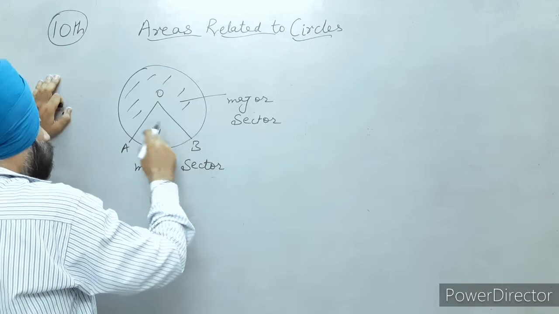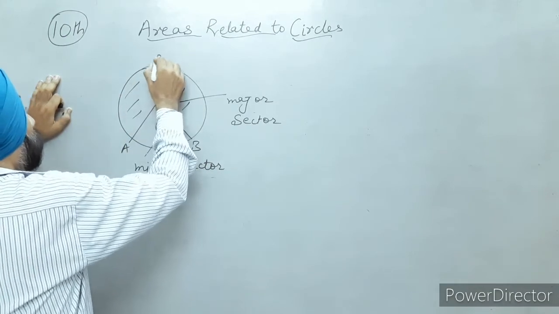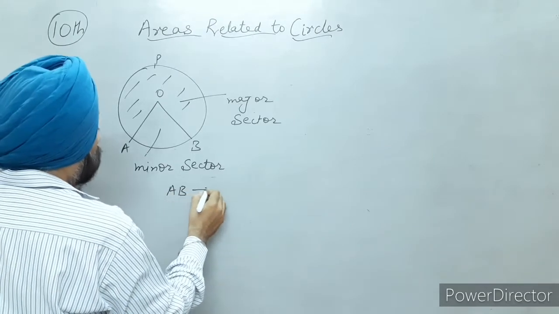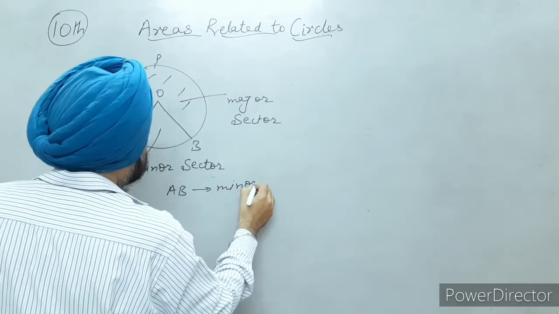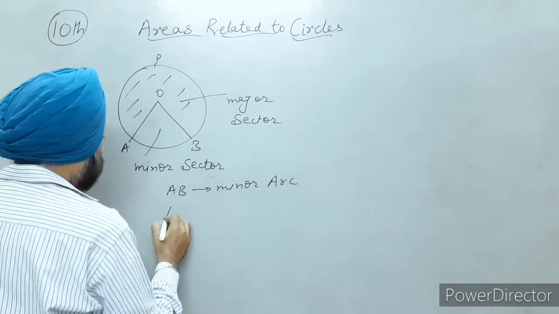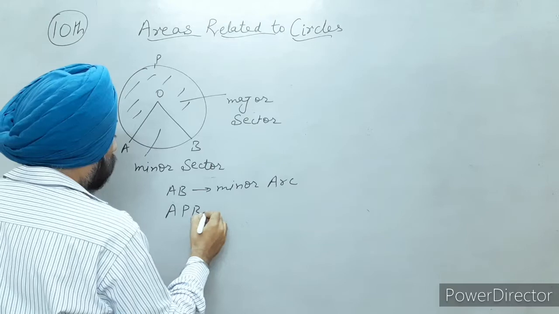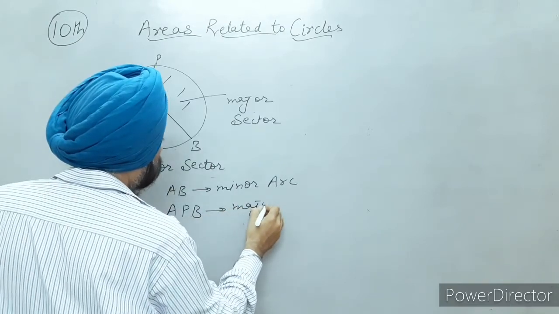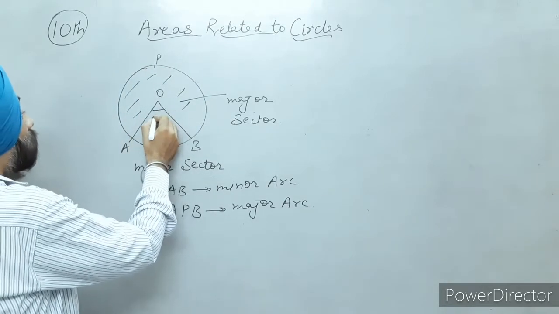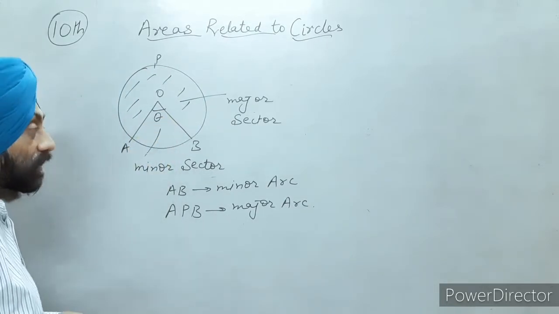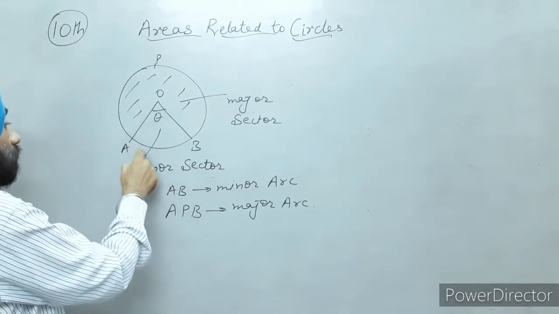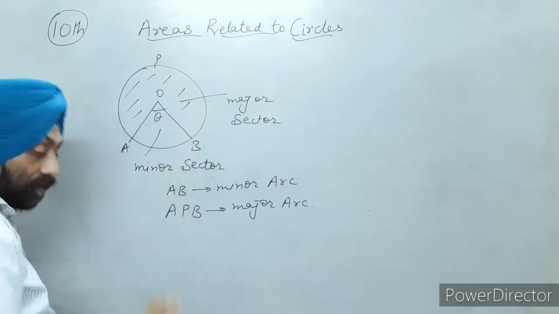AB is the minor arc, then APB is the major arc. This angle is the central angle, that is theta, right? This is the major sector, this is the minor sector, this is minor arc, this is the major arc.